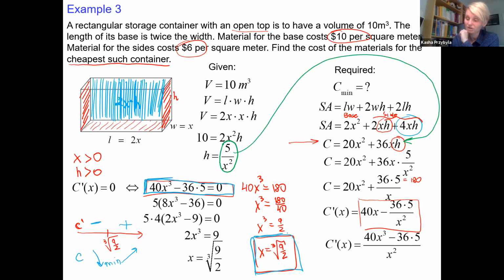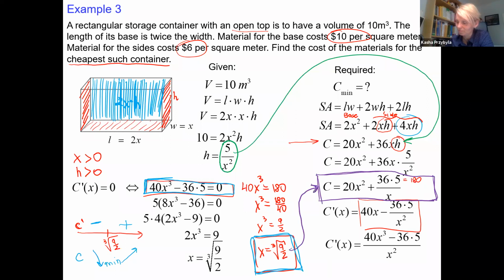I will not, because I can tell you what we have to do now. What is my cost function? The cost function is here, in terms of x. That means this is the cost function. And unfortunately, the question asks, what is the minimum cost? I have to take this x and substitute here. And we will not do this.